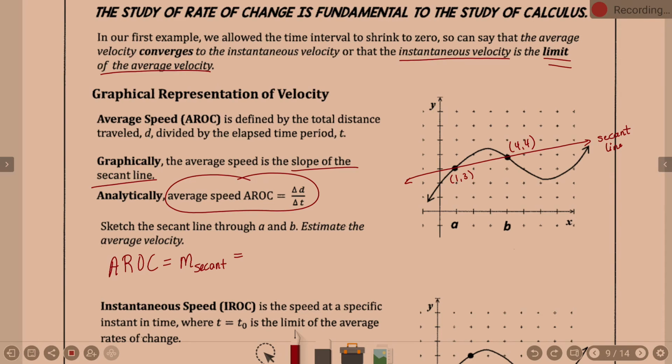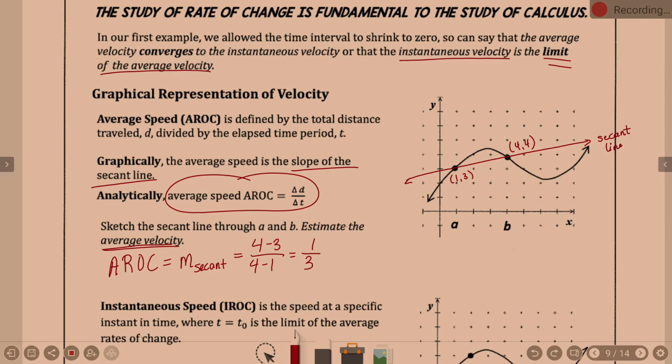So either way, 4 minus 3 over 4 minus 1, if I've done my math correctly. Okay, so that is our average velocity. Yes, it's 1/3. And I don't think we have information to have a label on it.